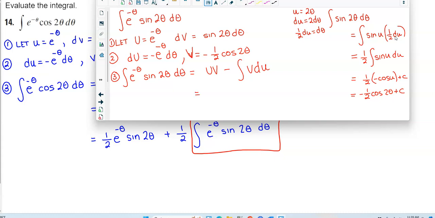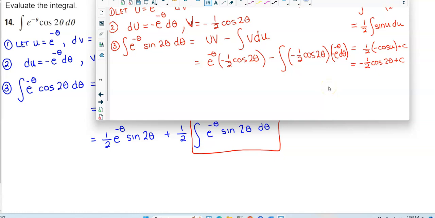And so we have e to the negative theta times negative 1/2 cosine of 2 theta minus negative 1/2 cosine of 2 theta times du, which is negative e to the negative theta d theta.